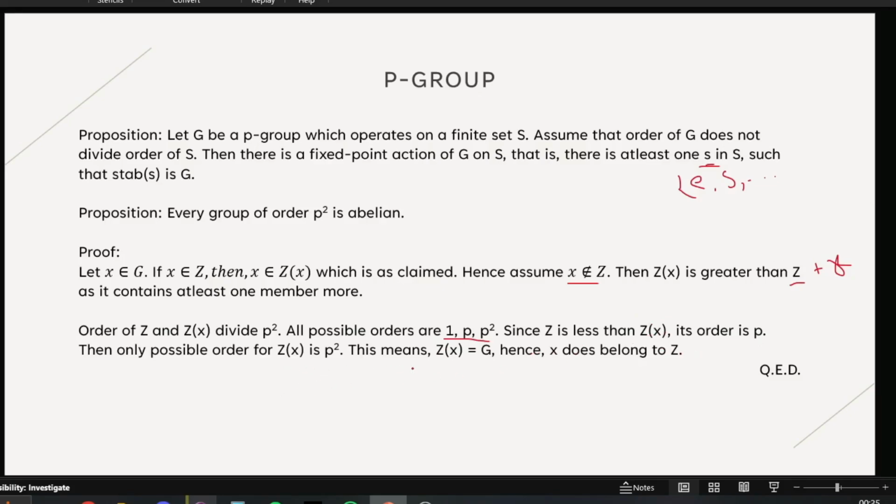But when Zx is P square, we are claiming that Zx is the entire group G. That basically means that X actually does belong to the center. So our initial assumption here was wrong. This assumption was incorrect. So this is the claim we are making.